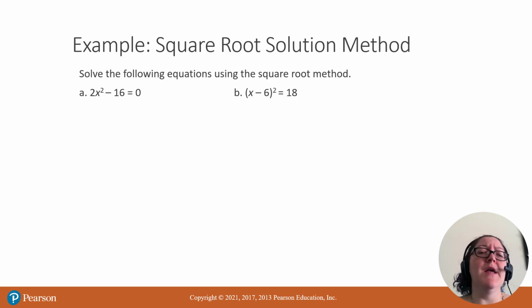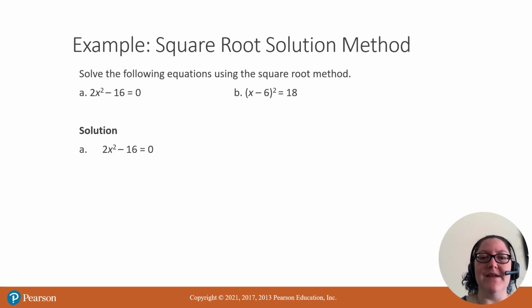Now, on part A, could I use other methods? Absolutely, totally can. But I would recommend the square root method, because what happened to bx? It's not there, and that's why this one makes it a great square root method.